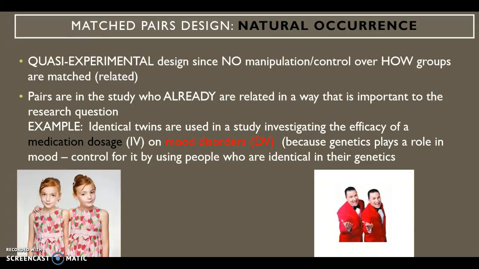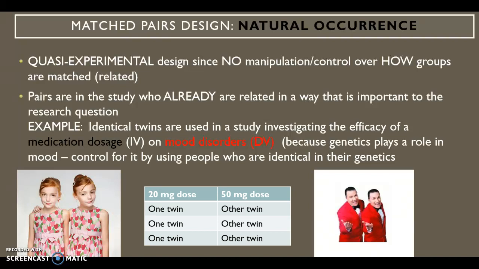And we do know that genetics affects the severity of the mood disorder and how medication might interact with them. So we've got identical twins, both of whom suffer from a mood disorder. One twin's going to get the 20 milligram dose. That person's identical twin is going to get the 50 milligram dose. So those two groups are exactly the same genetically. So when their mood disorders look different at the end of the study, it can't be because of different genetics. It has to be because of the dosage or chance. Okay.